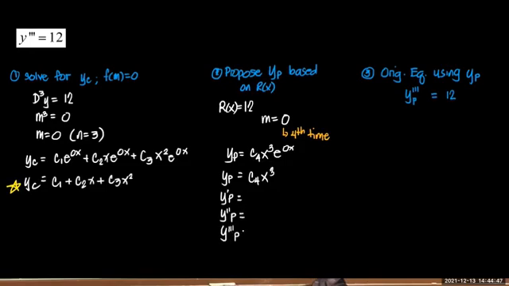The y prime of p is 3 c4 x squared, the y double prime is 6 c4 x, and the y triple prime is just 6 c4.